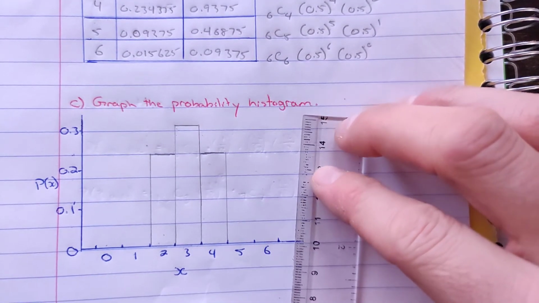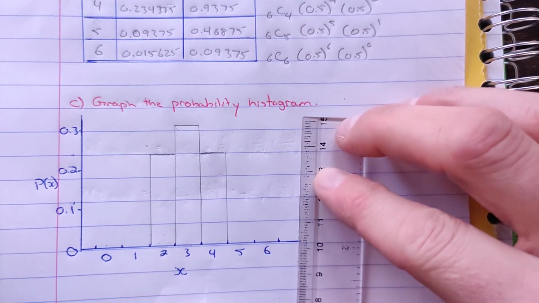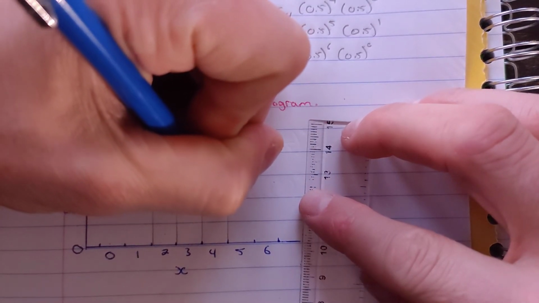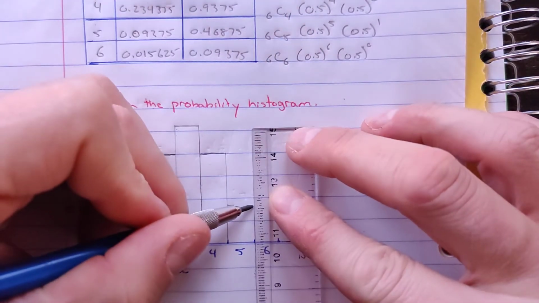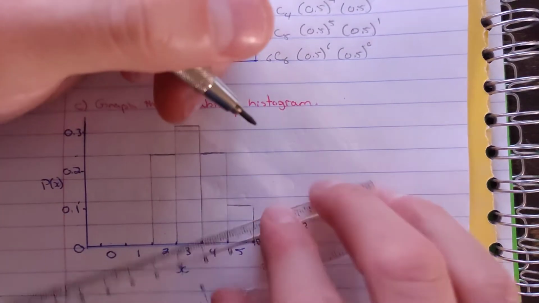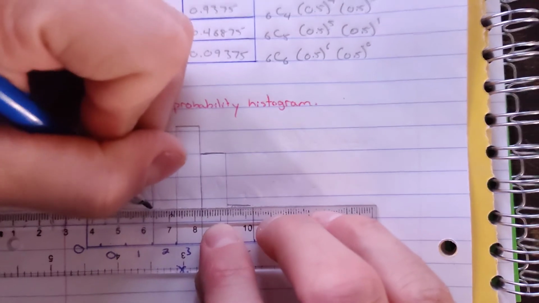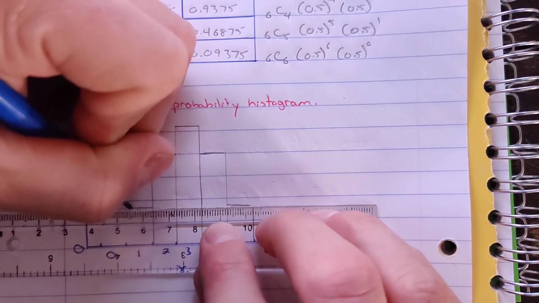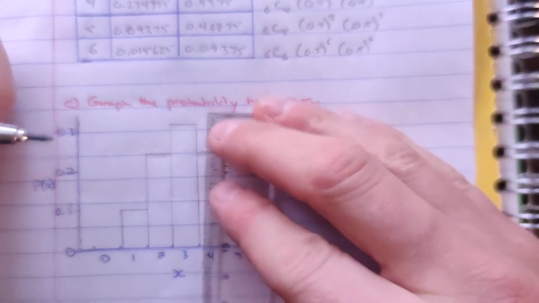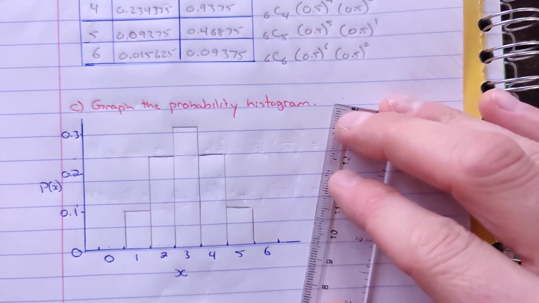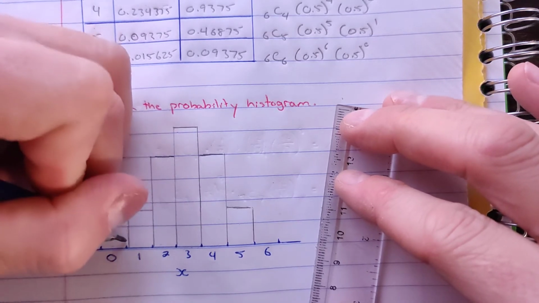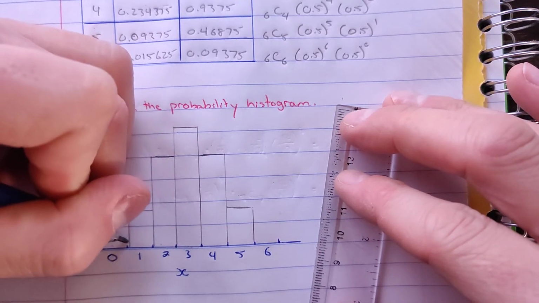And then our 5 and 1, that's going to be about 9%, so just below the 10 there, so maybe about right here, and it should be about the same over here. And then having no girls is going to be 1.5%, so we're somewhere down here.